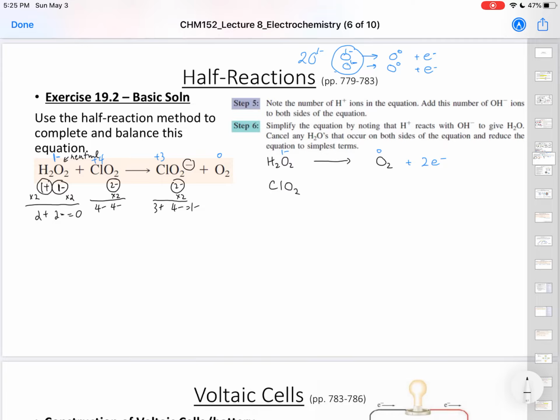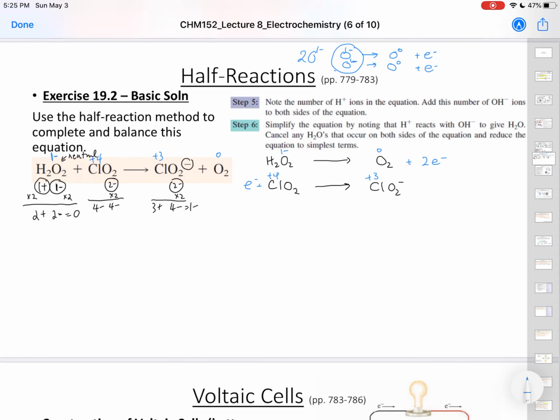You have ClO2, and it is becoming ClO2-. And again, this Cl is +4, this Cl is +3. Now there's only 1 chlorine here, unlike the previous half reaction, so really you just need to gain an electron on this side.